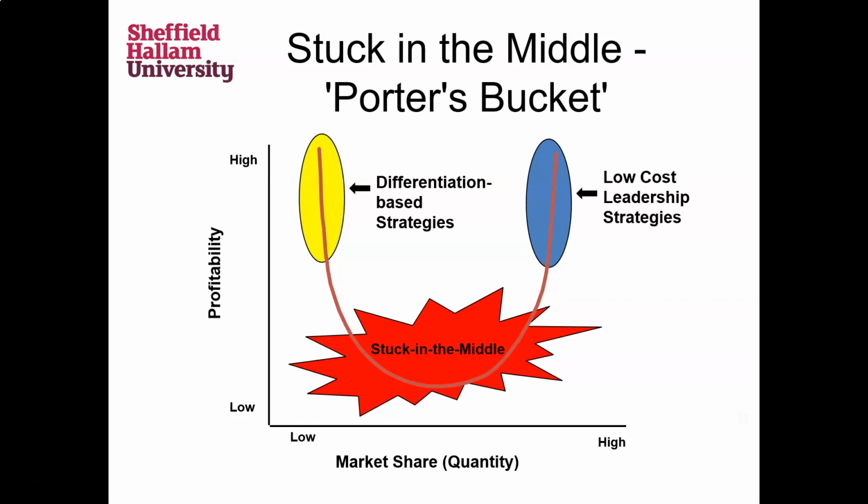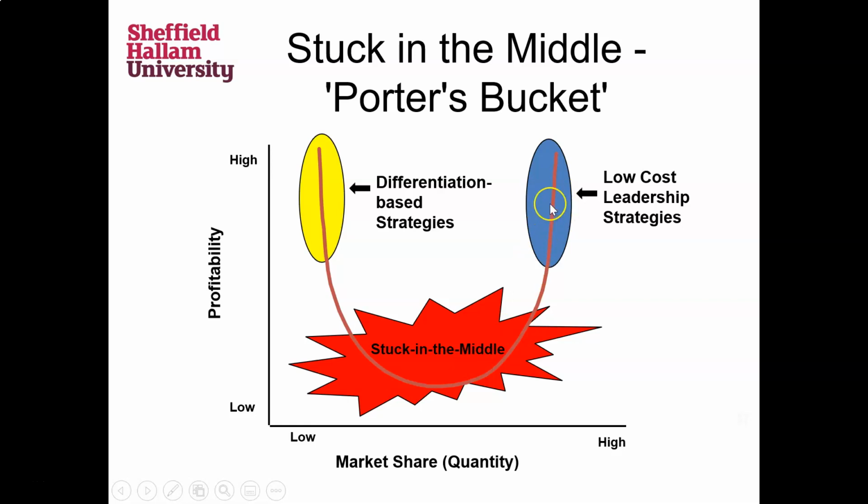They do not differentiate well enough, and they do not focus on cost advantage well enough. So they end up being much more expensive than the cost leaders, and they end up being not as good quality as the differentiators.